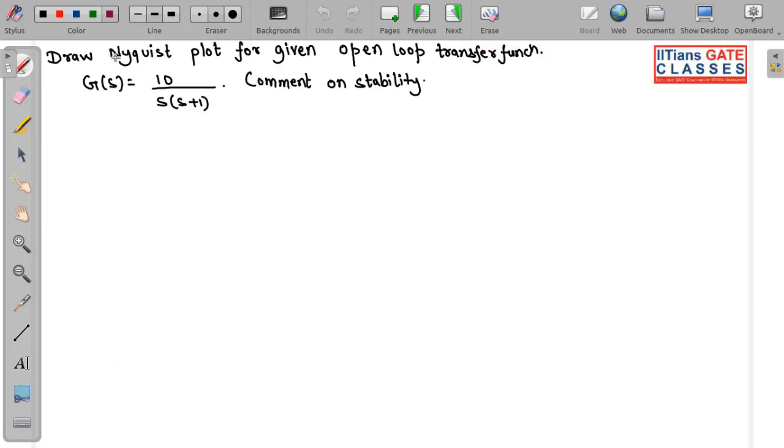It is given: draw the Nyquist plot for the given open loop transfer function G(s) is equal to 10 divided by s plus 1, and comment on the stability. So you need to do this. I will give you 1 minute to draw the polar plot first, and then from the polar plot I will show you how to draw the Nyquist plot over here. Okay, so first draw the polar plot yourself, and then we are going to talk about the Nyquist plot. Okay, so take 1 minute.